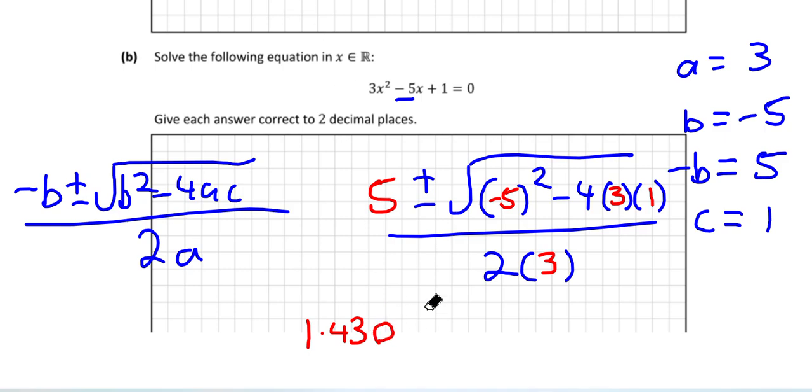Yeah, so that's definitely 1 point 4.4 for the next one. Oh, so 4.4. Ah, yeah, so it rounds down to 4.3. If that was 5, I'd have to round it up to 4.4. Now, what about the other answer when you turn it into a minus? 0.23? Do you know how to do that? You change the plus to a minus, yeah?